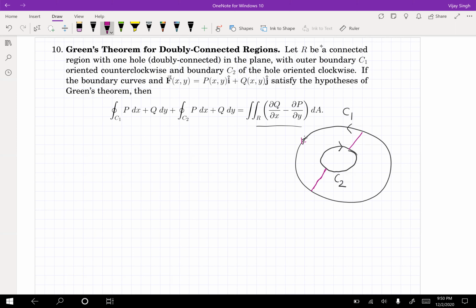So this part, let's call it R1, or D1. So this whole region is R, by the way, the annulus region, right? Let's call this D1. Let's call this D2. Now let's see, what is the orientation of D2?